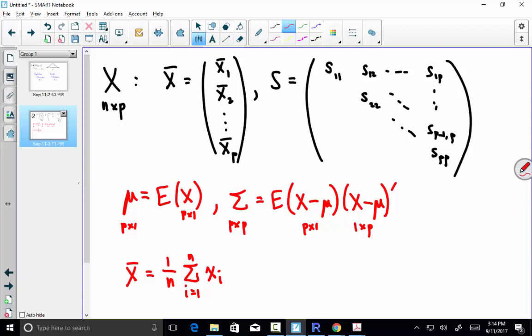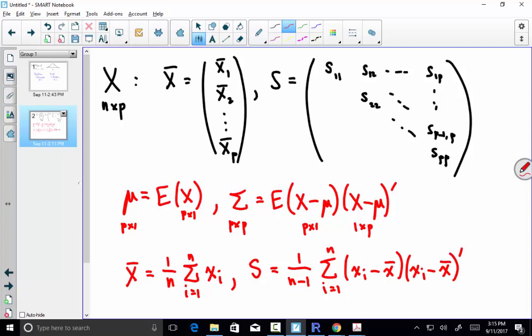All the xi's are p vectors. And S is 1 over n minus 1. I'll comment on why it's not n in just a second. But basically an average, again, replacing the expected value. So sum from i equal 1 to n, xi minus the estimated mean, xi minus the estimated mean, transpose.